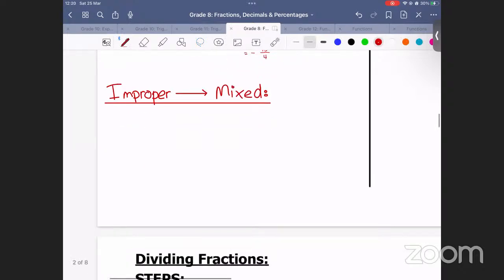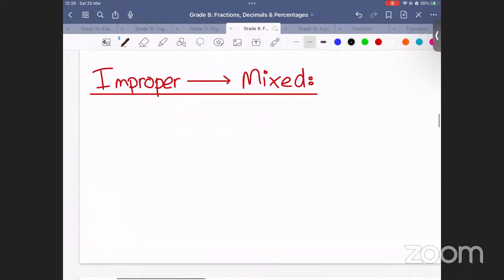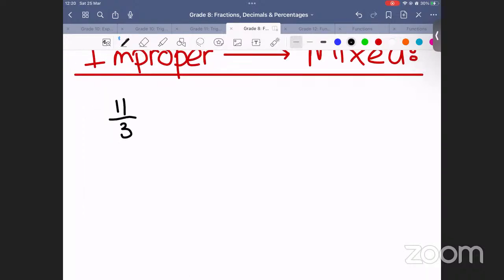So let's look at an improper fraction. Let's look at 11 over 3. In this case, remember there we multiplied and we added. So here you're going to just divide actually. You're going to divide 11 divided by 3.